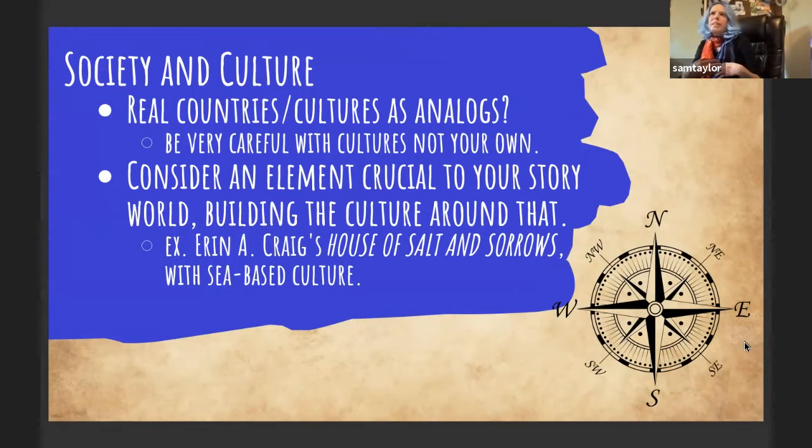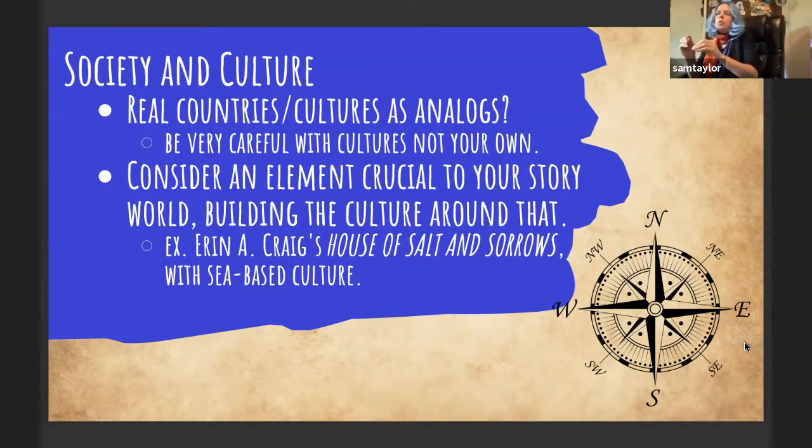Think about the society and the culture that you see these characters taking part in as well. Often in fantasy, you'll see the author using real countries or cultures as analogs for the world that they are creating. Even in secondary world fantasies, you'll see this.